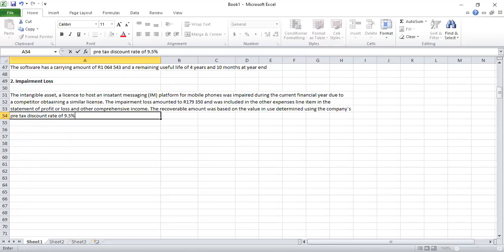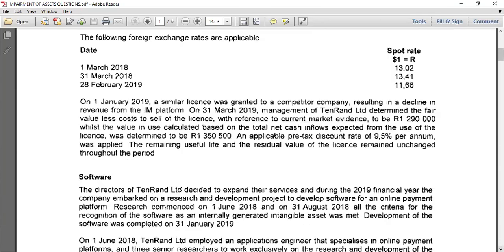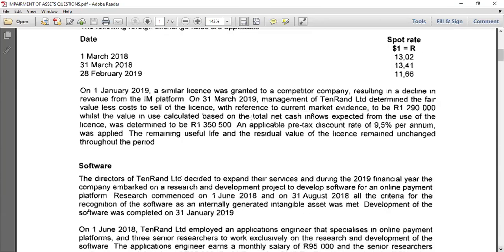So this information I'm taking it here, it's here. Right. Any questions? No, not on my side.